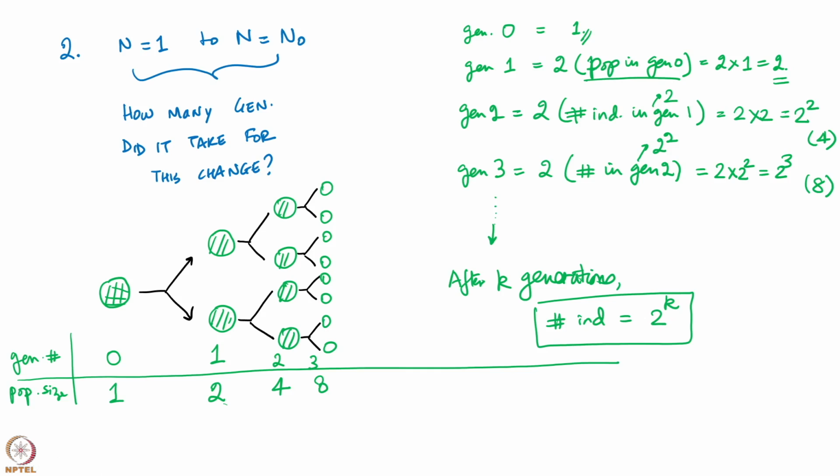So, how do we answer the question that we started with? That starting population was 1.